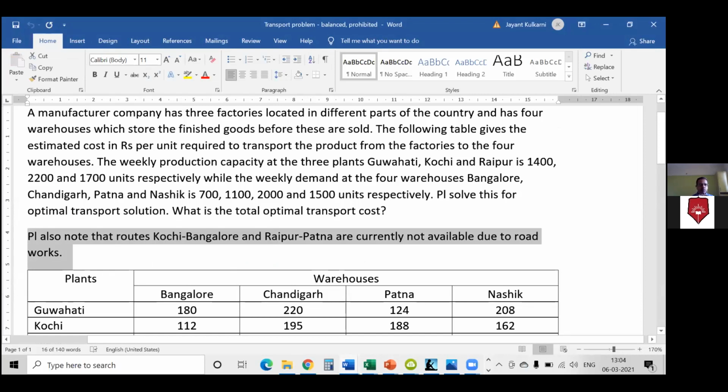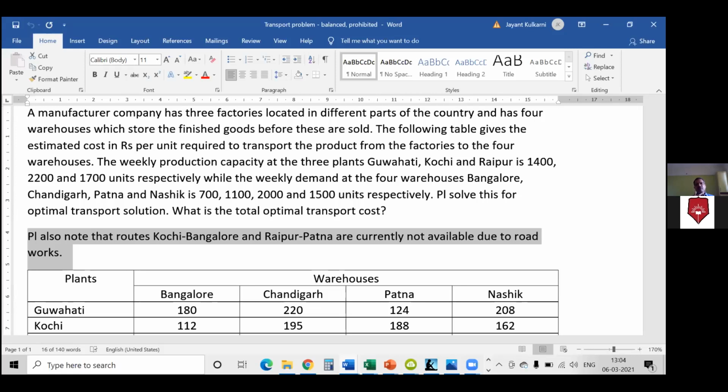Please also note that routes Kochi to Bangalore and Raipur to Patna are currently not available due to roadworks. Which in other words says that these routes currently are prohibited. Which is like saying you cannot send anything from Kochi to Bangalore and you cannot send anything from Raipur to Patna.